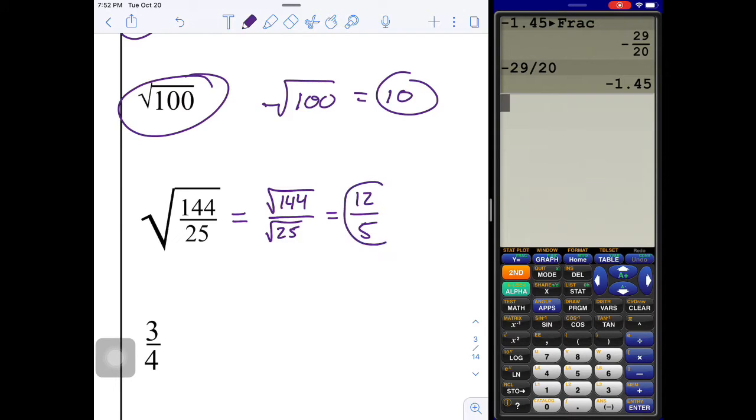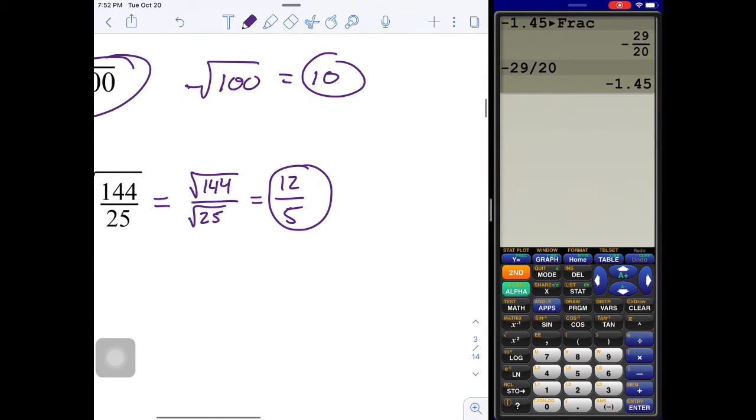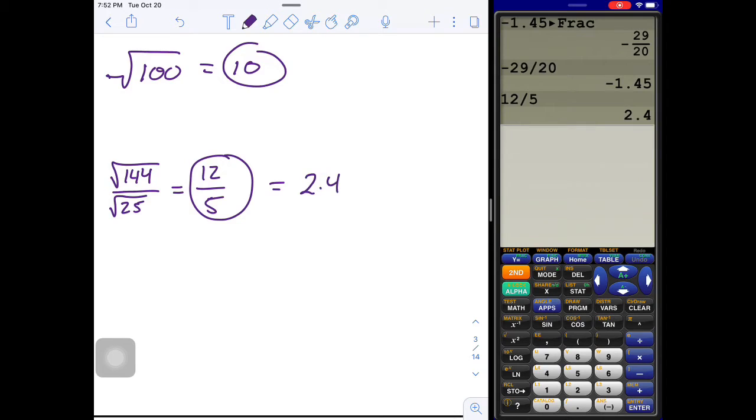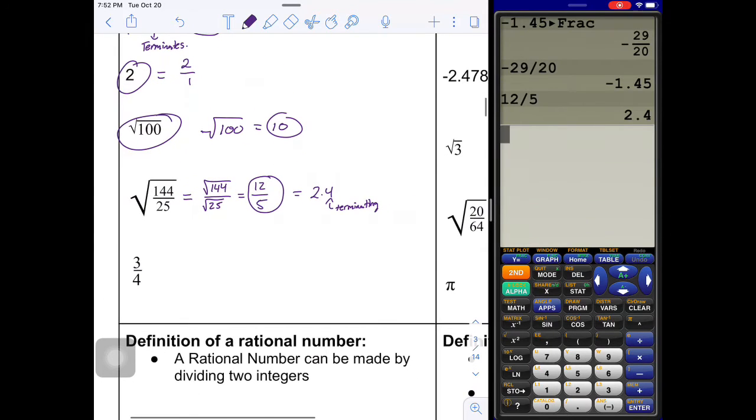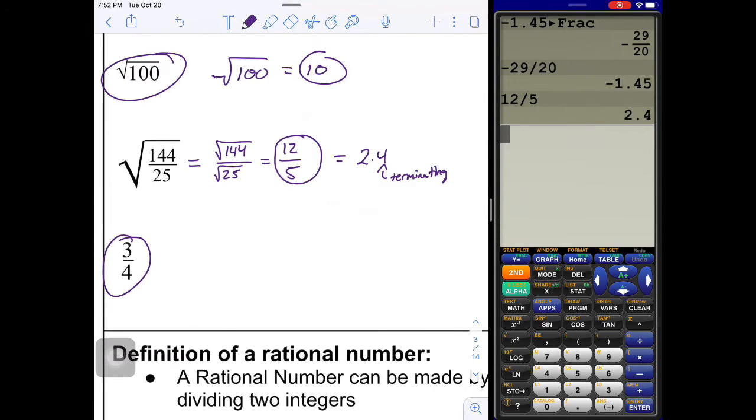So that gives me a fraction, but we can also plug in 12 divided by 5, and that gives me 2.4, a terminating decimal. And then 3/4, of course, is a rational number. 3 divided by 4 gives us 0.75.